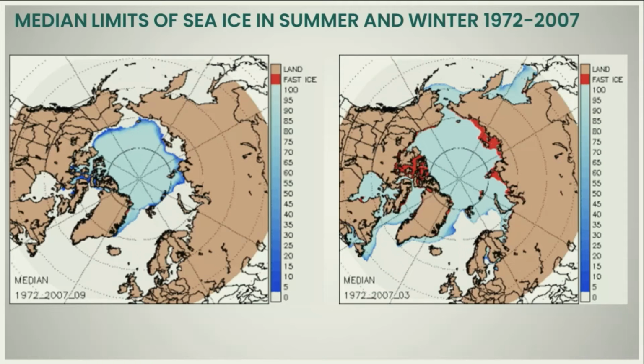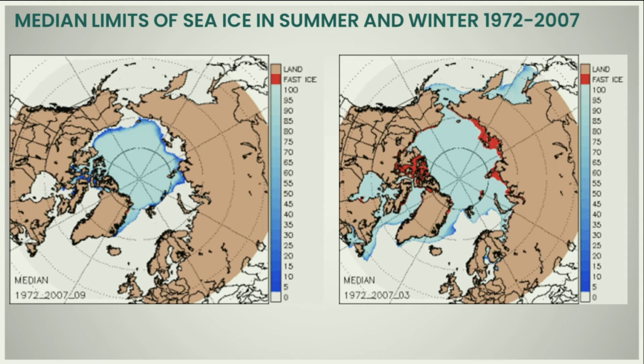So here we see what the situation was in the Arctic with sea ice, that's the blue substance here, in the 1970s, which is when I started to do work in the Arctic. We see that in the summer, on the left-hand side, the sea ice retreats a little bit from the coastlines of Siberia and North America, but only a little bit, not usually enough for a ship to get through very easily.